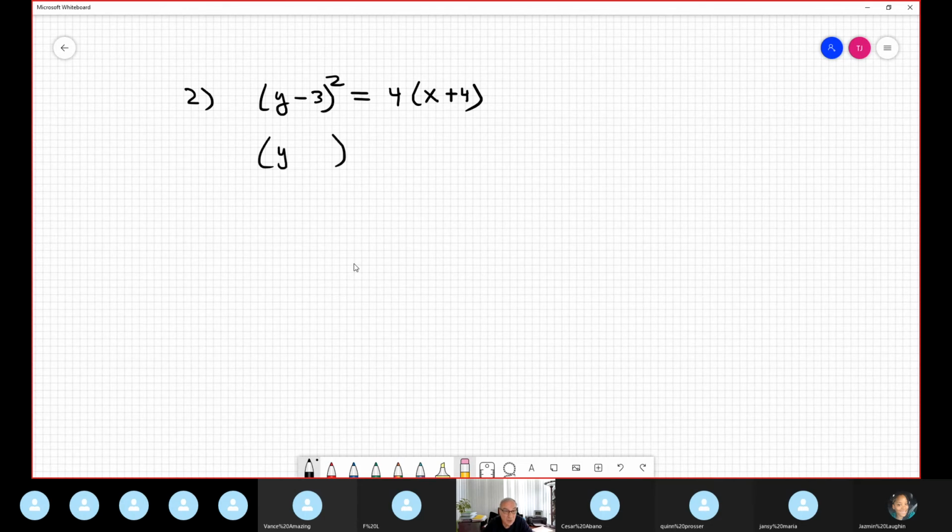The formula is (y minus k) squared equals 4p times (x minus h). You state the relationship between this and this. It is obvious that the vertex of this parabola is located at the point where h is negative 4, opposite sign, and k is positive 3. The vertex is located at the point (negative 4, 3). Okay, this is the vertex.